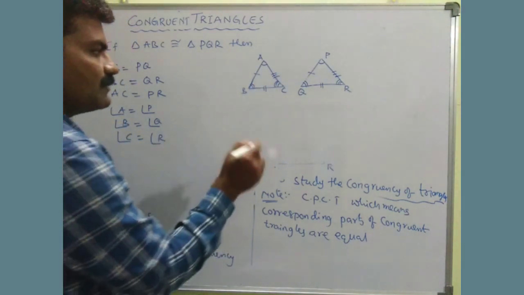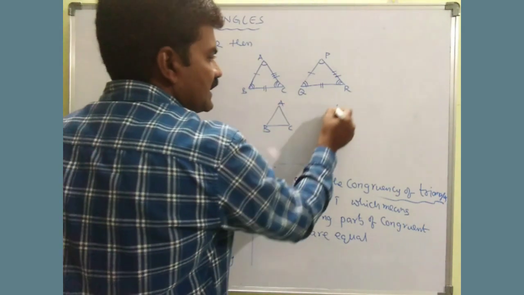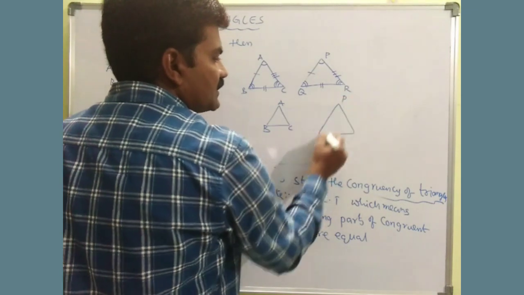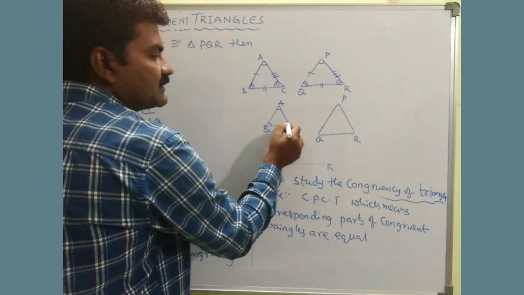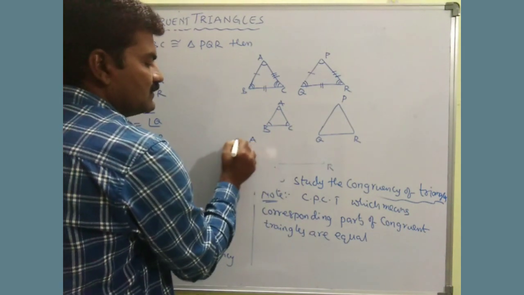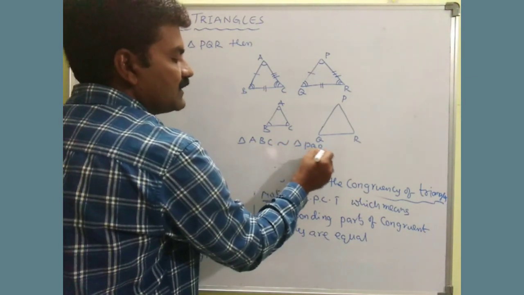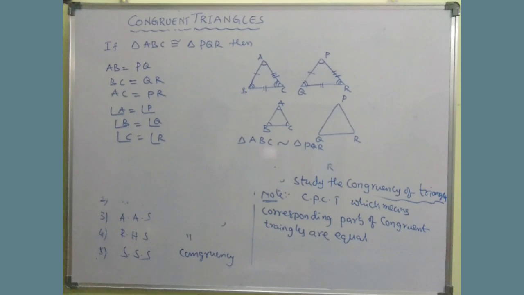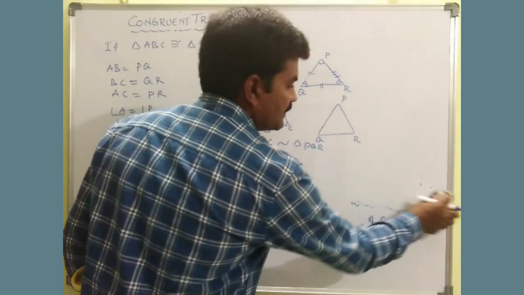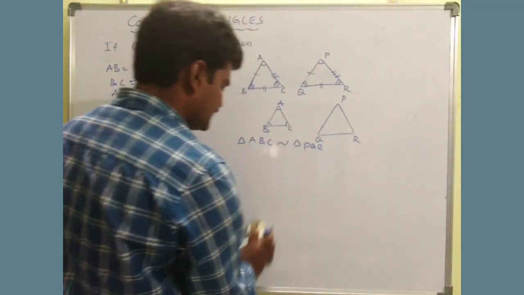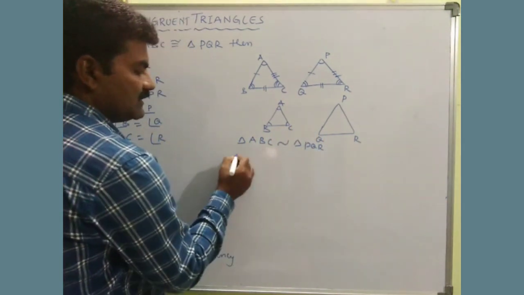Okay, children. If triangle ABC is similar to triangle PQR, I am talking about similarity of triangles. So what is the definition? Similarity: only same shape but not same size. To be frank, corresponding angles are equal.